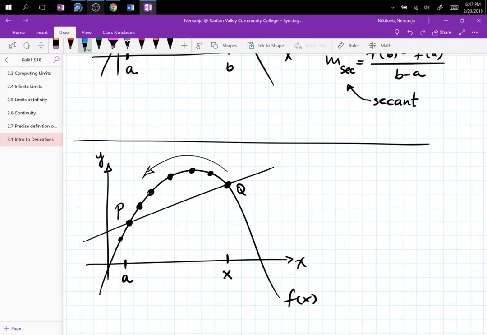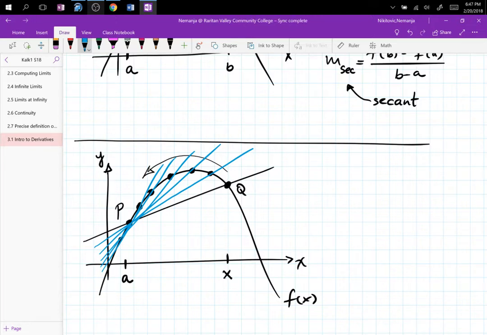So from P to the next stop, the next stop, the next stop, the next stop, the next stop, and then they collide. P and Q become one.